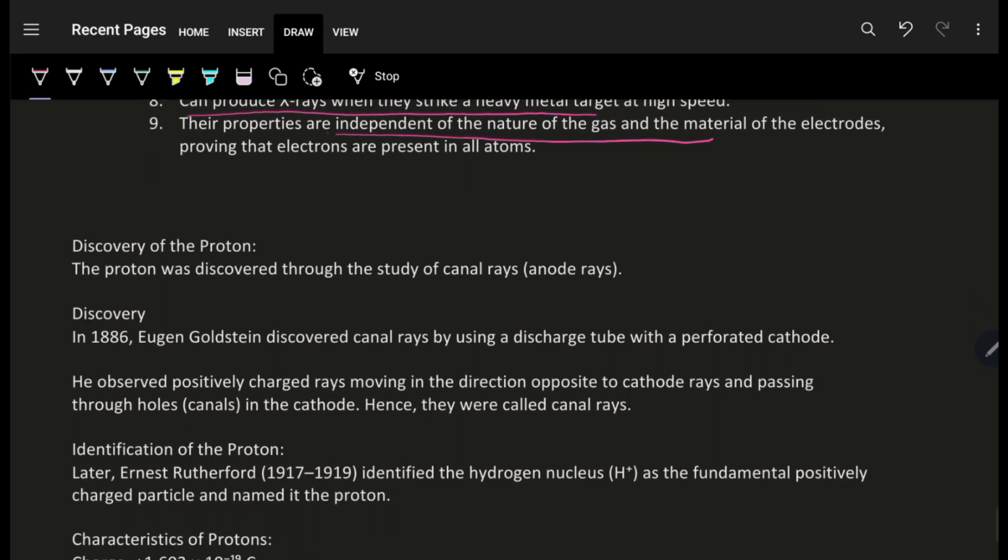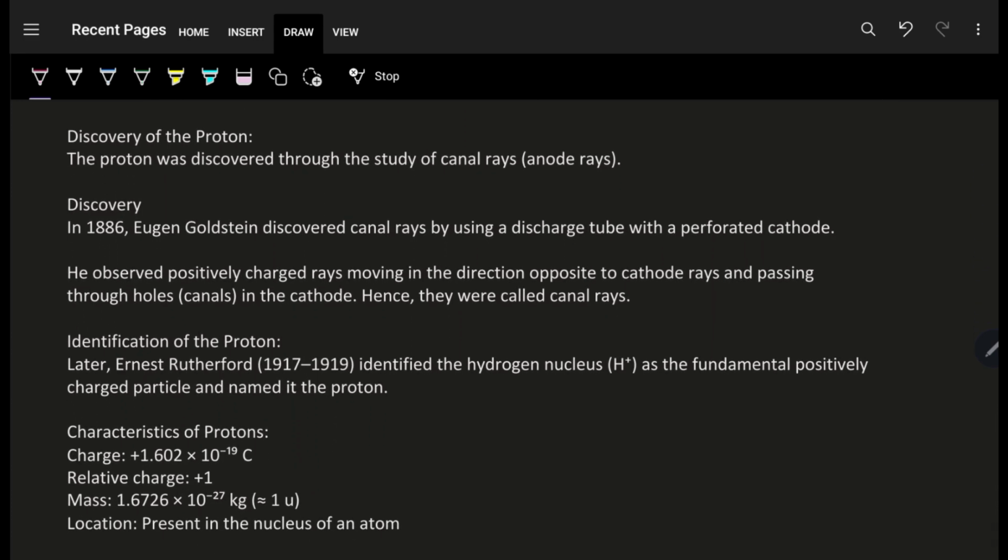Now, discovery of proton, the credit is given to Eugen Goldstein in the year 1886. This discovery came from this type of experiment in the discharge tube only, through the study of the canal rays, which were known as anode rays. Contrary to the cathode rays, these anode rays are projecting from the anode and heading towards the cathode.